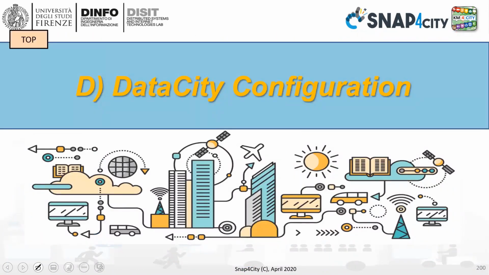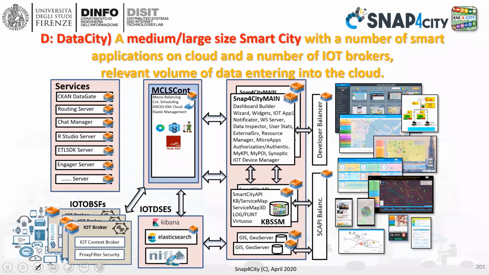So the DataCity configuration is the next step. The DataCity configuration is more powerful with respect to the previous configuration, adding the possibility of having a cluster of IoT apps, or at least a group of IoT apps.